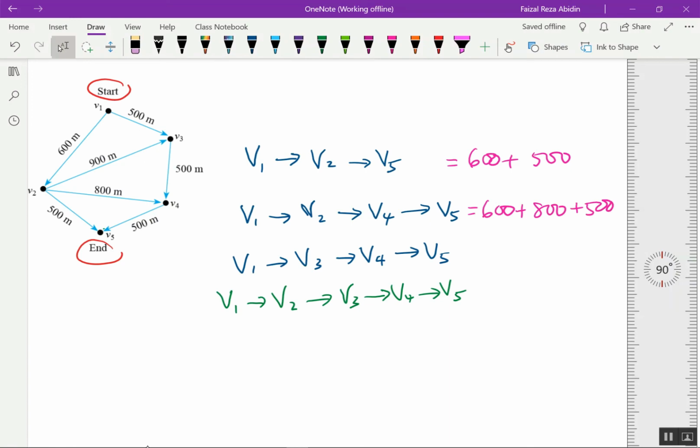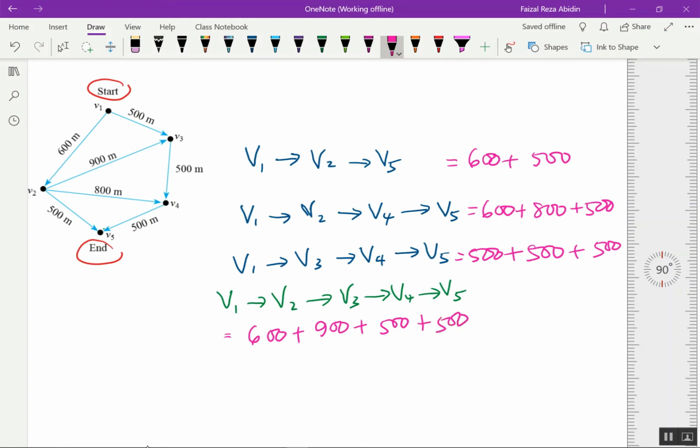Next, V1 to V3 is 500 plus V3 to V4 is 500 plus V4 to V5 is 500. This one, V1 to V2, 600, plus V2 to V3 is 900, plus V3 to V4 is 500, plus V4 to V5 is 500.